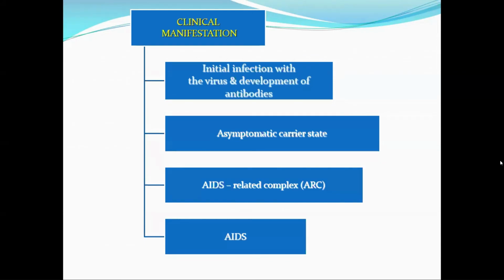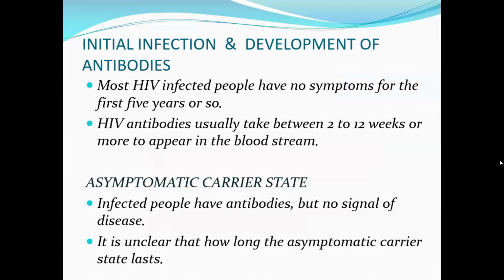Then asymptomatic carrier stage, ACS, there is no presence of sign and symptom. There is AIDS-related complex, ARC. Then the last stage is AIDS. So this is the clinical manifestation, and it may be different according to book, according to literature.